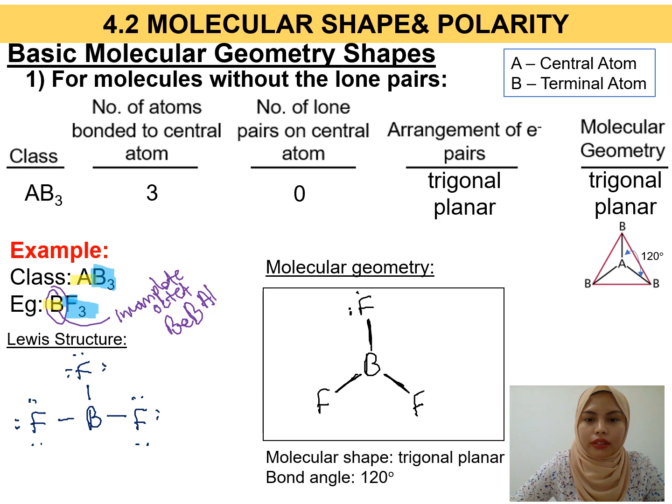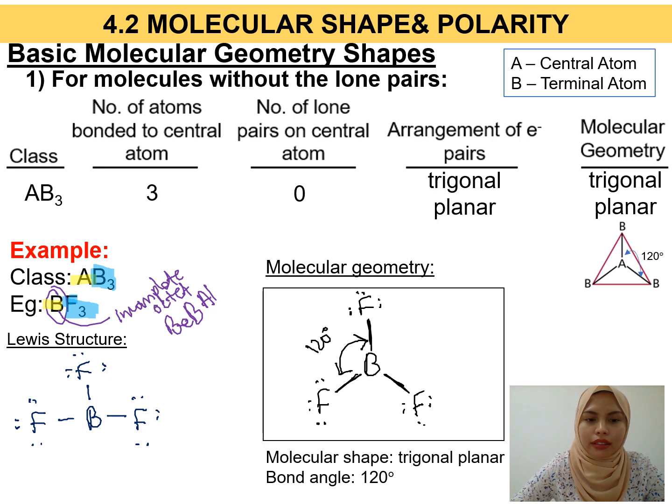Jangan lupa F ni punya lone pair. Okay, so this is actually the shape of molecule BF3 with a class of AB3. And after that, kalau trigonal planar, you should know the bond angle between them adalah 120 degree.